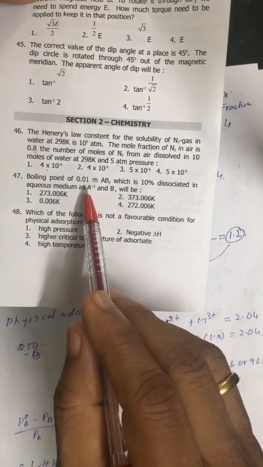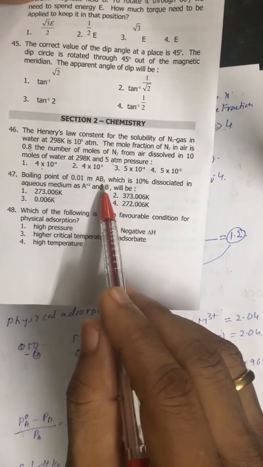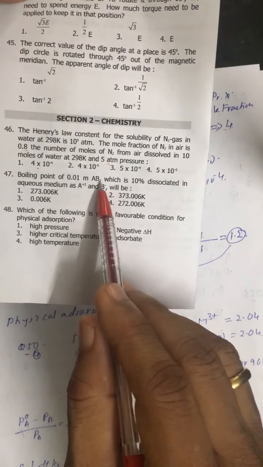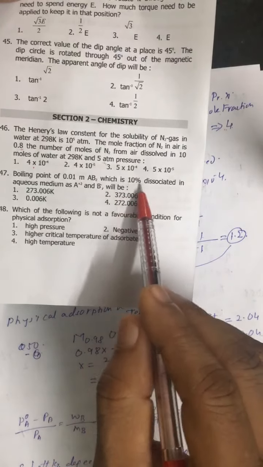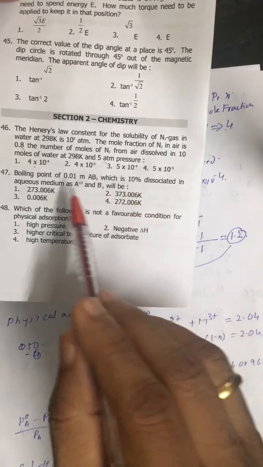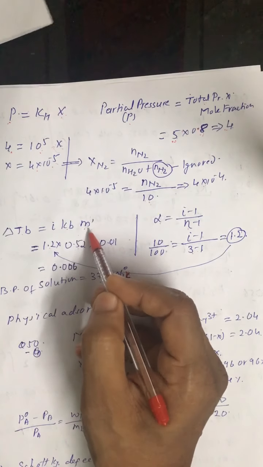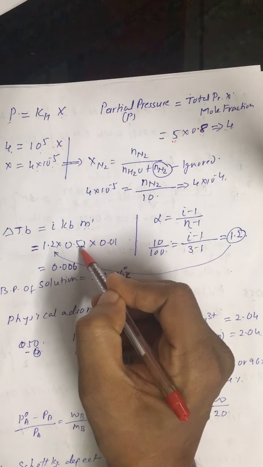Boiling point of 0.01 molal AB2 solution, molality is given. So eta we can calculate from this: 2 plus 1, 3, the total number of particles. Alpha is given as 10%. We have to find the boiling point. So delta TB equals I into KB into M. KB for water you must know, 0.52.